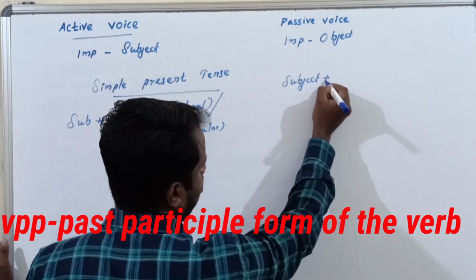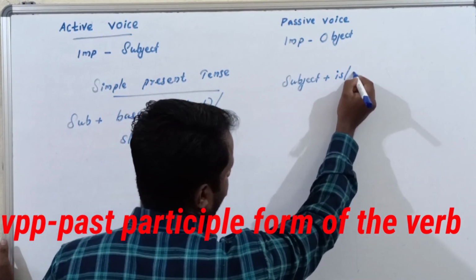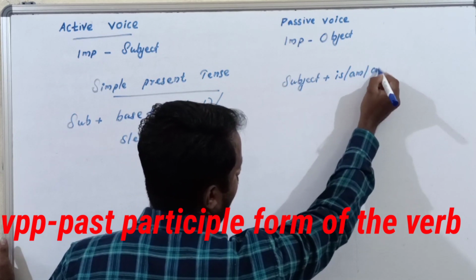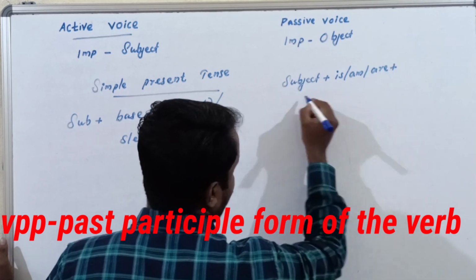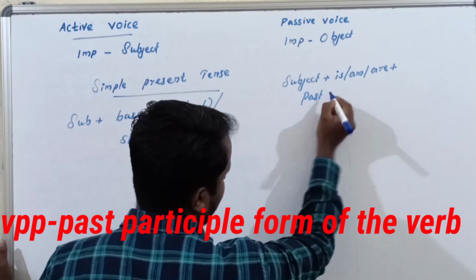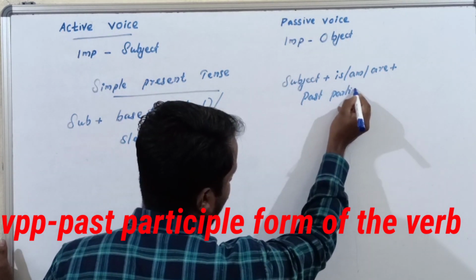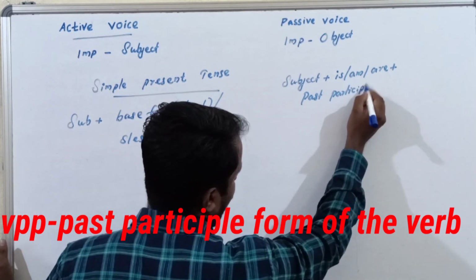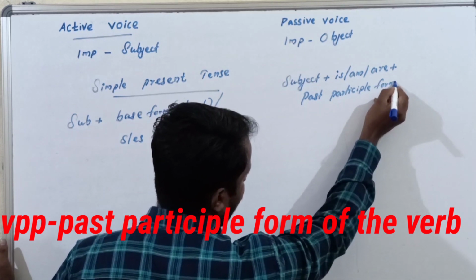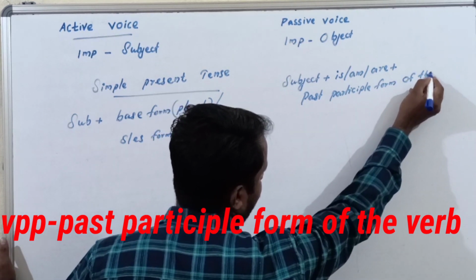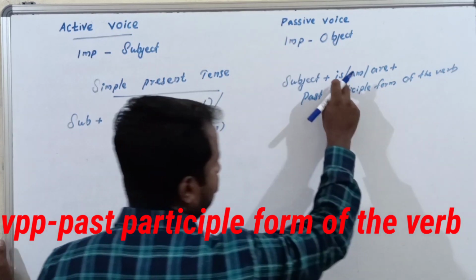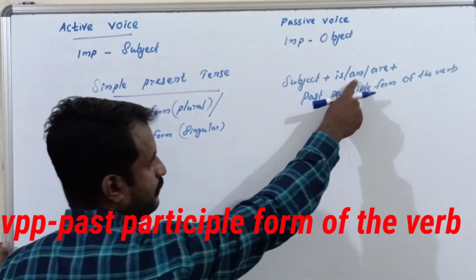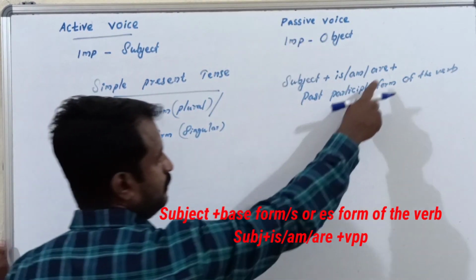Subject plus is or am or are plus past participle form of the verb. That means is with the singular, am with I, are with the plural.